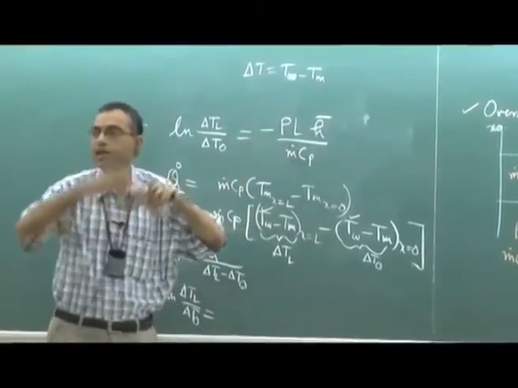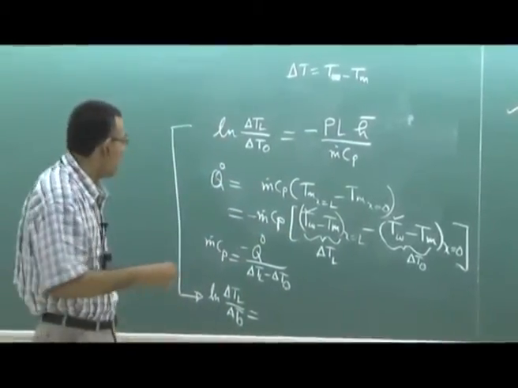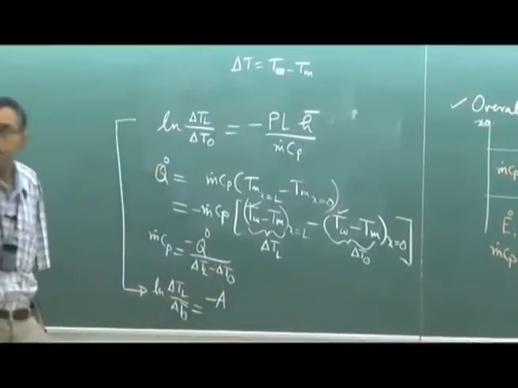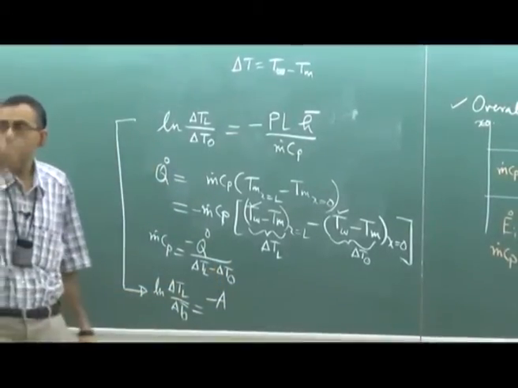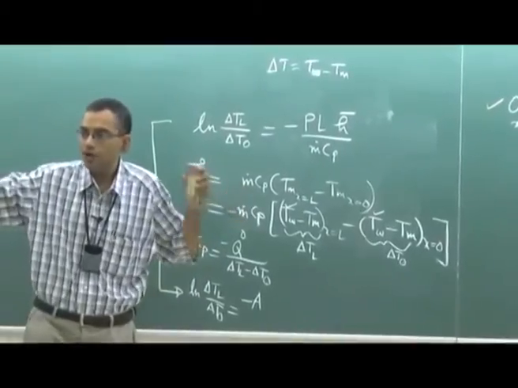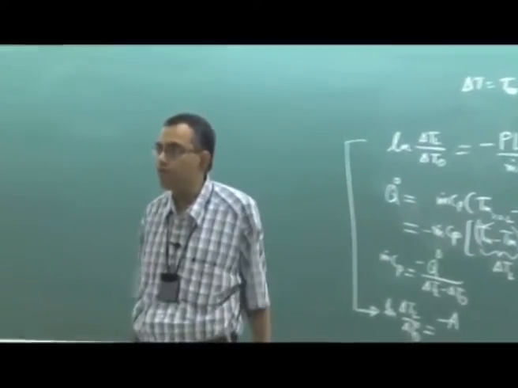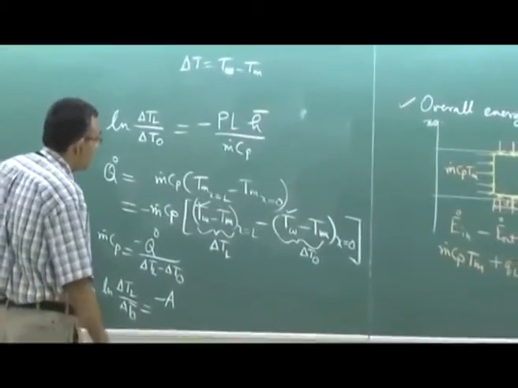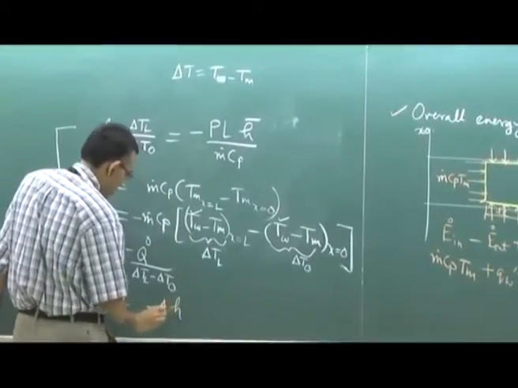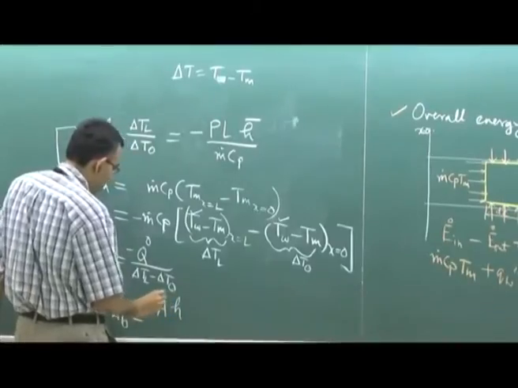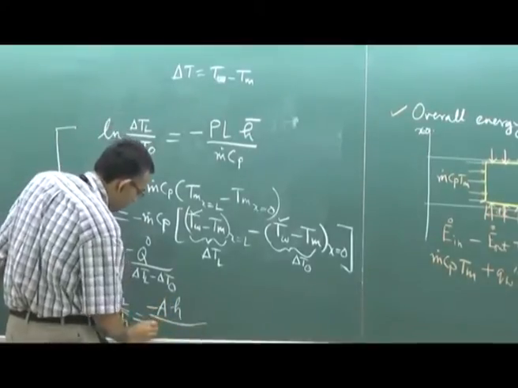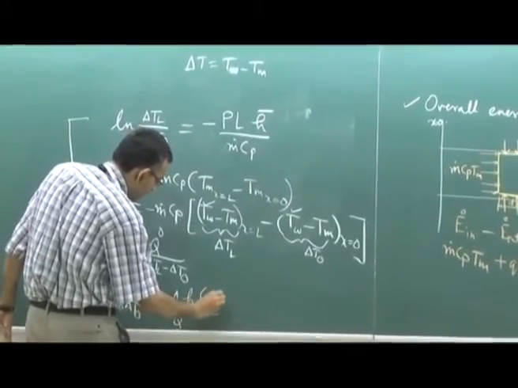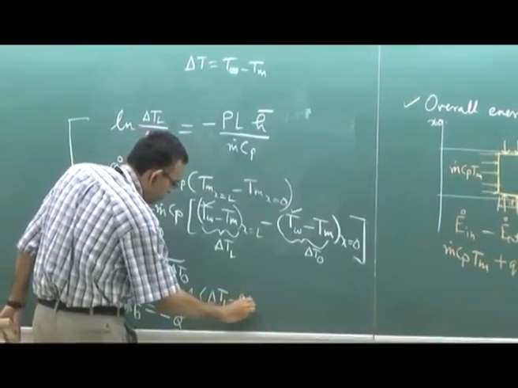The total surface area. So this A is not the cross sectional area, this is the surface area, that is 2 pi r into L for a circular pipe of length L. So minus area into H, then in place of m dot Cp you can write Q dot by delta TL minus delta T0.